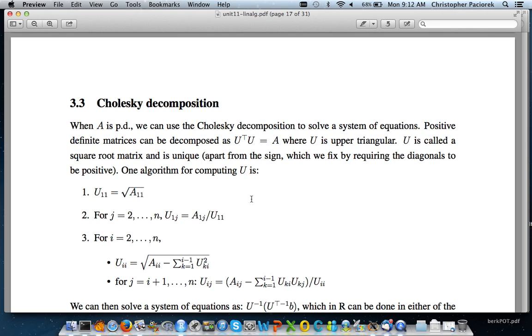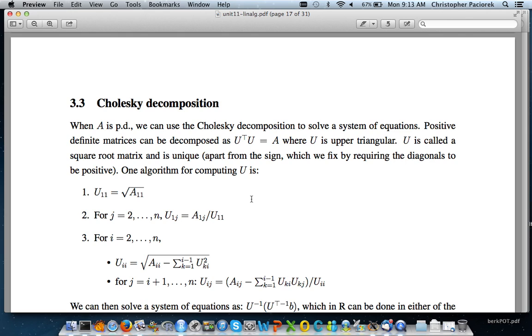And so the basic steps are, well, okay, what's A11? In this factorization, it's just going to be this column, which mostly has zeros, times this row, which mostly has zeros. So I'm just going to get that U11 squared is equal to A11. So I can get U11 as the square root of A11.